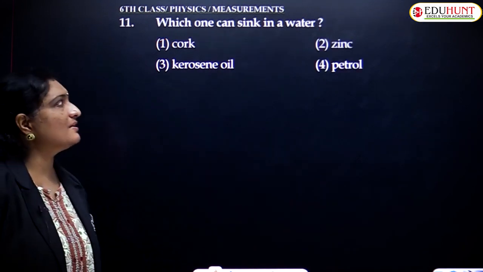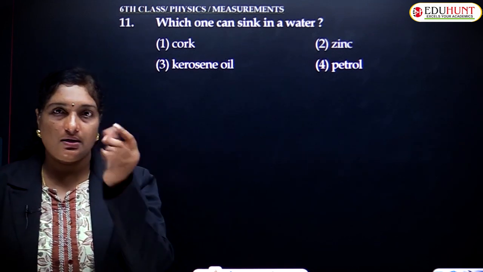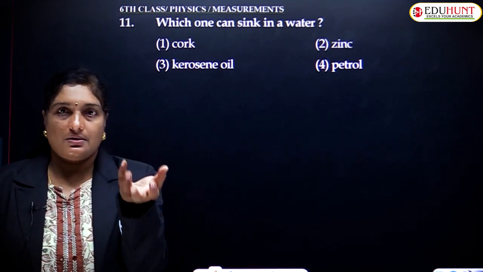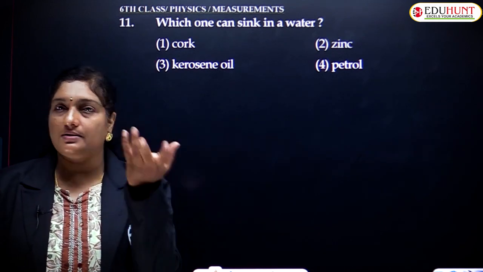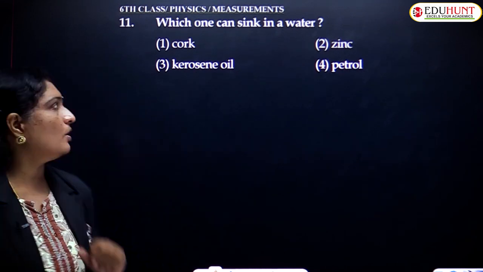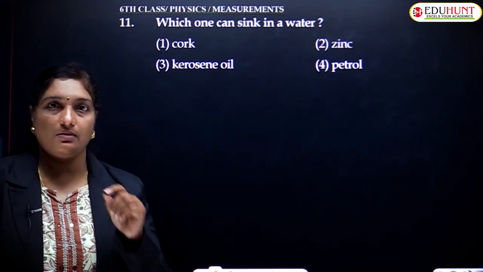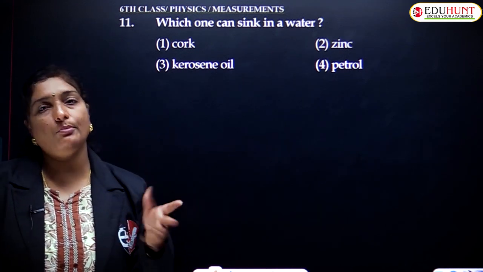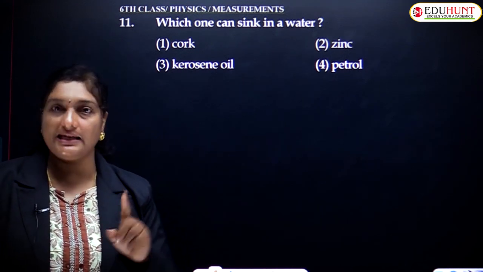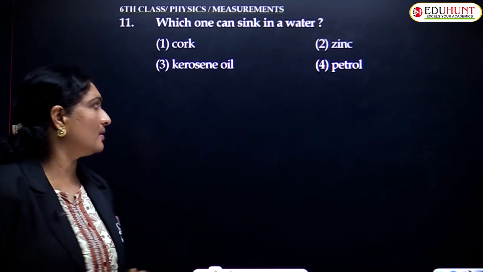Which one can sink in water? Let us see. Cork, rubber cork, has very light weight, which means its density is less. So definitely cork will float on water. Now zinc is a metal. Metals' density is generally more when compared to water, so definitely zinc will sink inside the water.